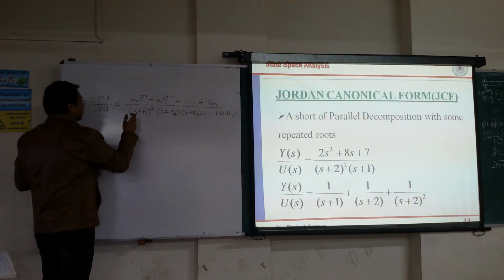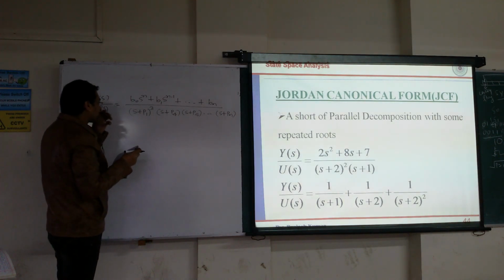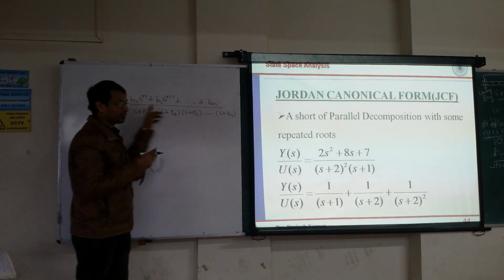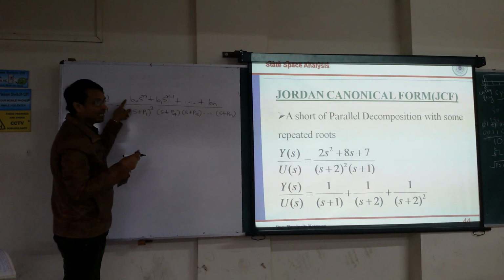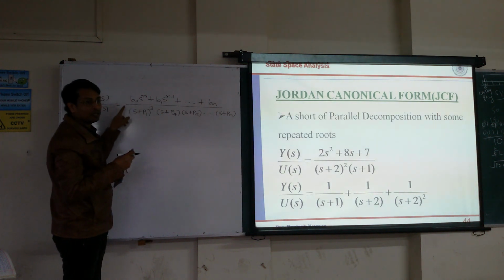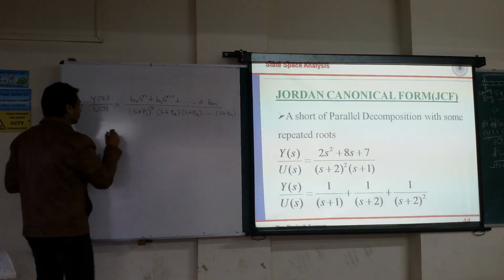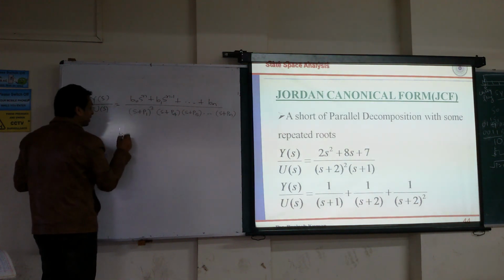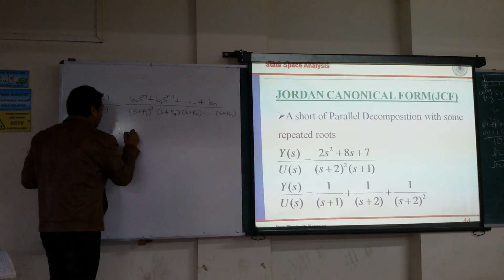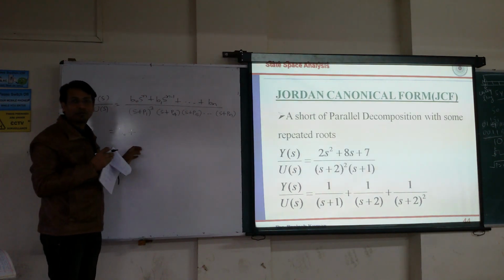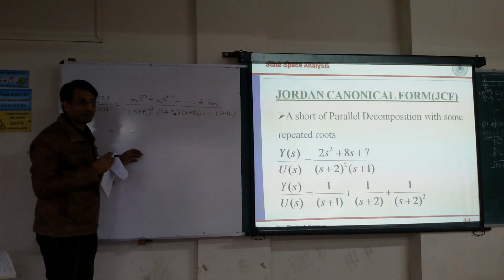I have taken the numerator up to order n, so the highest power in the numerator is equal to that in the denominator. So you need to divide it first. After dividing, you will get d naught separately, and for the rest you perform partial fractions.